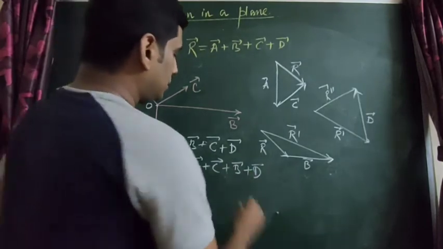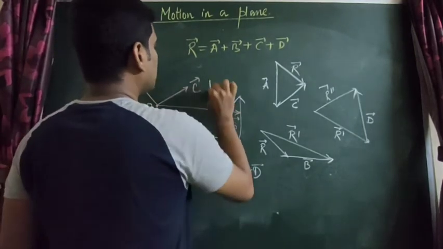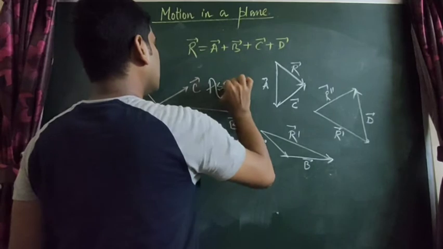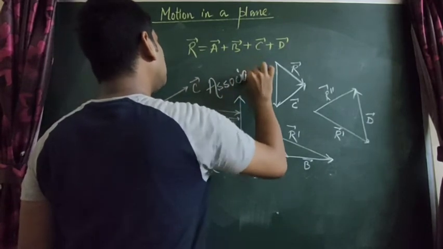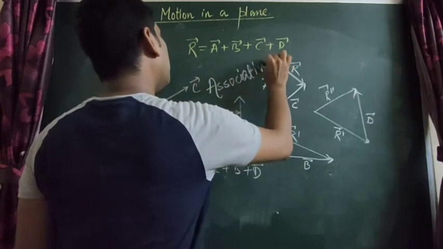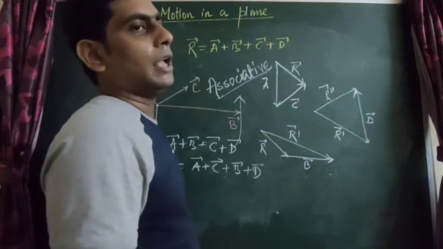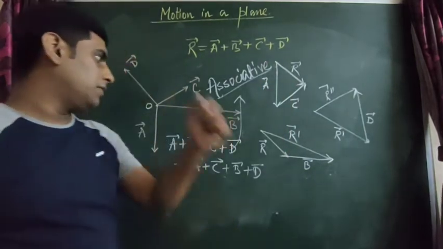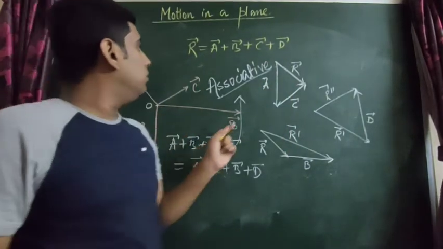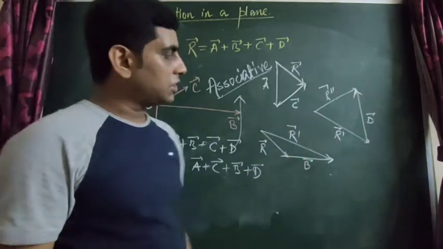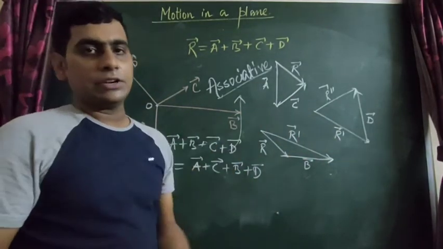This law is known as vector addition is associative. First we have seen that vector addition is commutative, and now we see that it is also associative in nature. I hope this is clear to you.